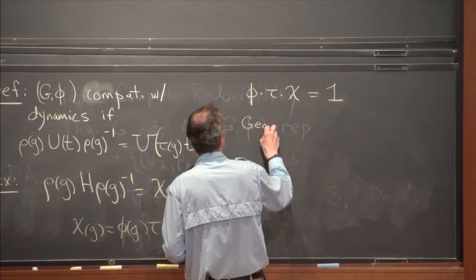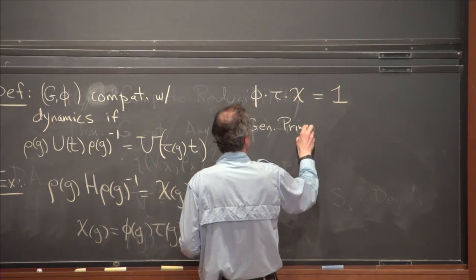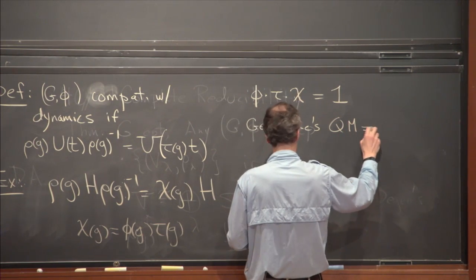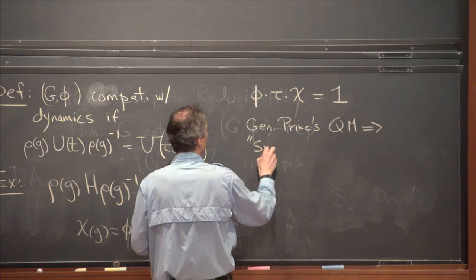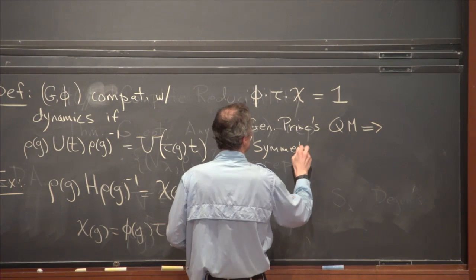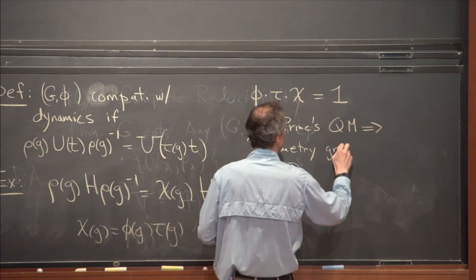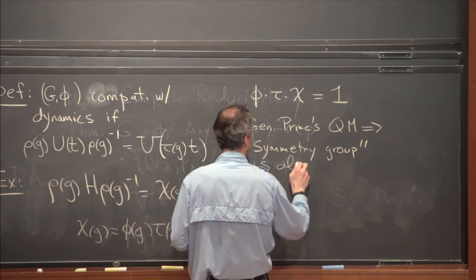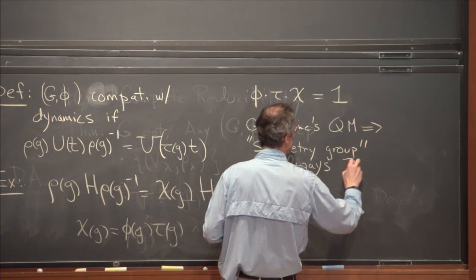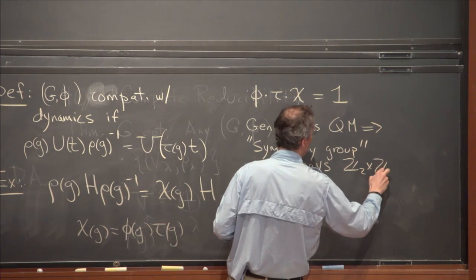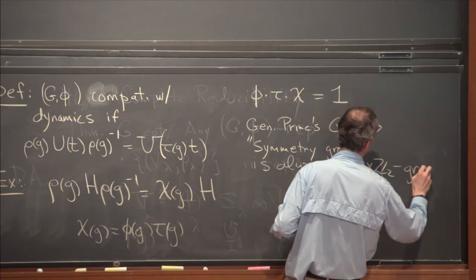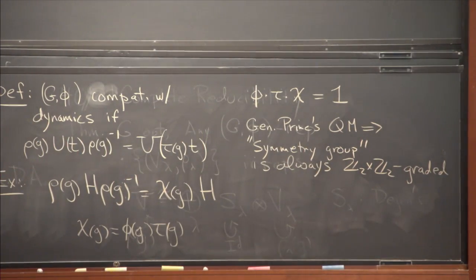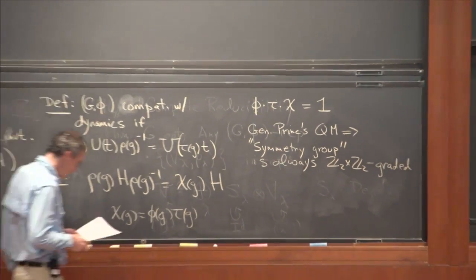Whichever two you take, general principles of quantum mechanics imply that a symmetry group is always Z2 times Z2 graded, unless you're doing something like quantum gravity with a time non-orientable space-time or something very exotic like that.